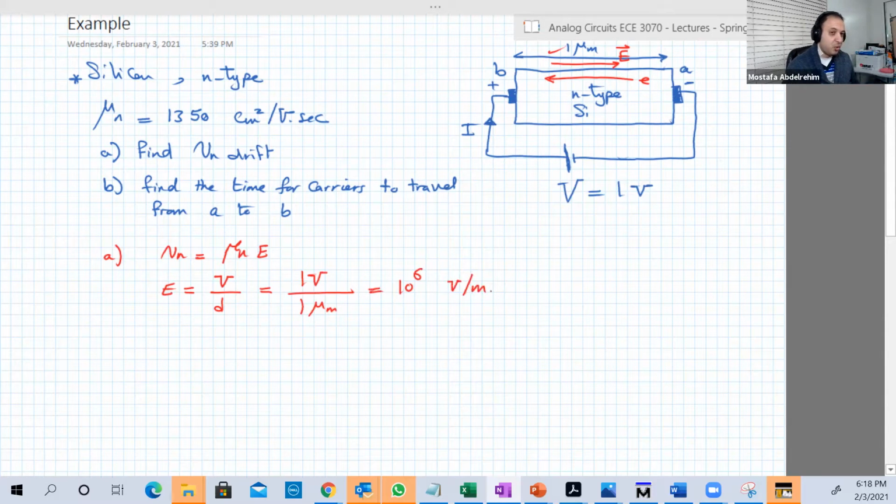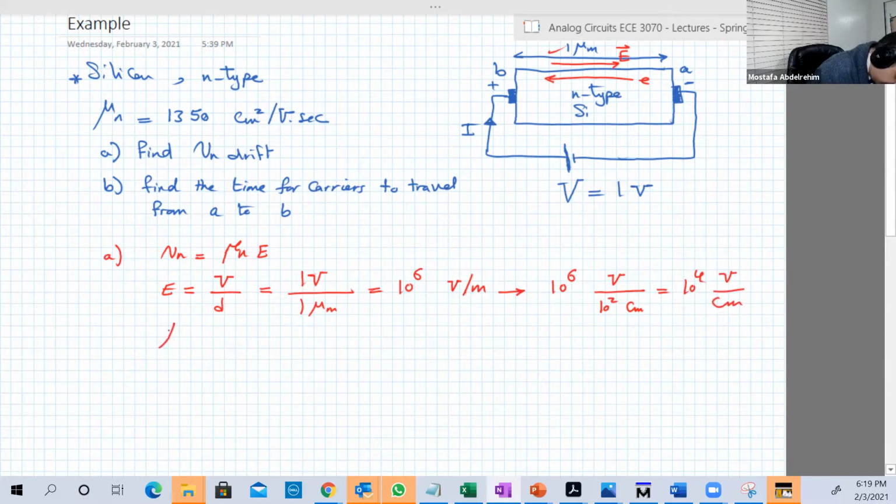But remember, in this course we always like to make everything in centimeters, so we should convert this. To convert meter to centimeter, we multiply by 100. So this will be 10 to the power 6 volt over 10 to the power of 2 centimeter, which is 10 to the power of 4 volt per centimeter.